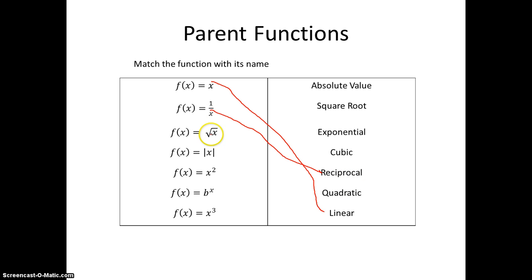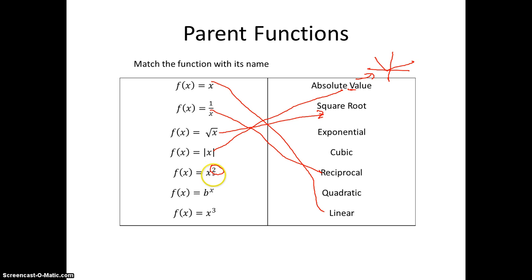Now, this one's pretty simple, right? It's the one that has the sign, it's the name of it, square root. Now, what function is this? The only one with the bars? Absolute value. Now remember, the graph of absolute value also looks like a V. So absolute value, graph of a V. Alright, x squared, how else do we call this?